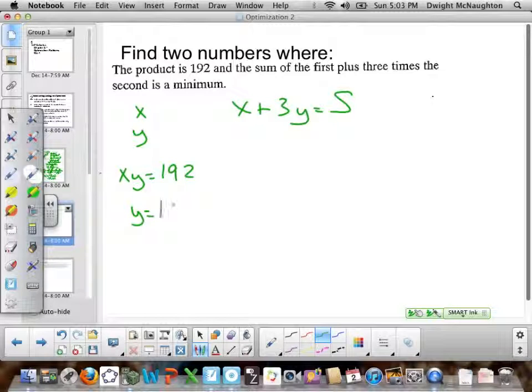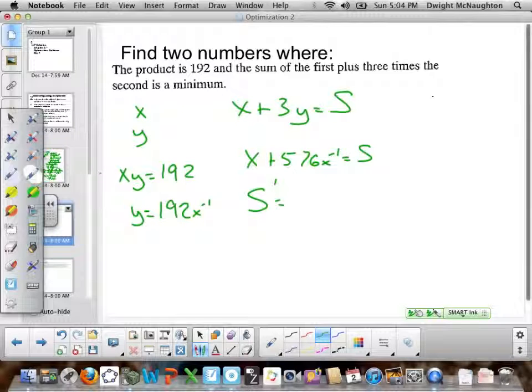y equals 192x to the negative 1. If we substitute that in, x plus 3 times 192, which is 576, x to the negative 1 equals our sum. We want to minimize that, so we'll do our derivative.